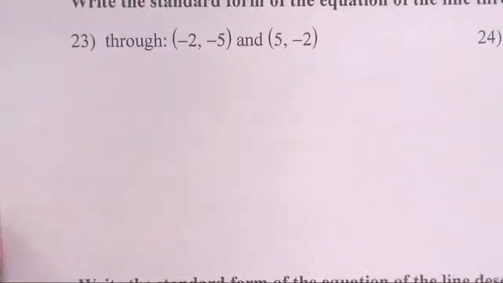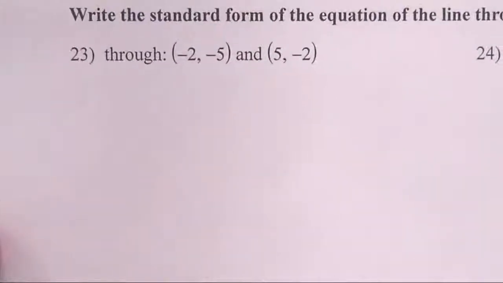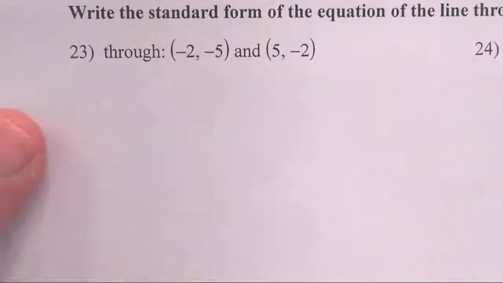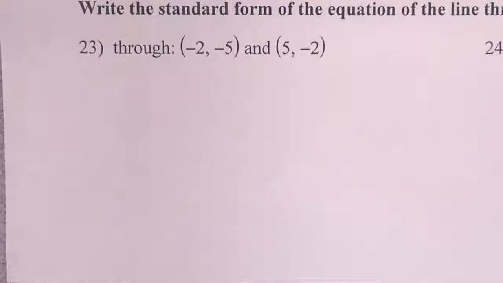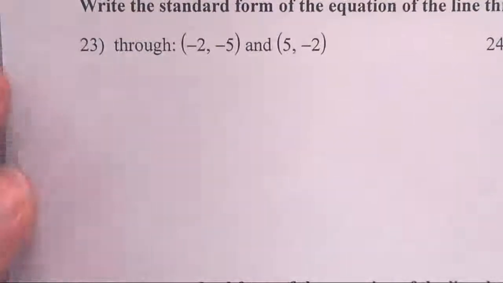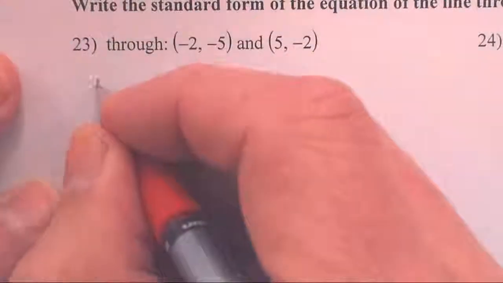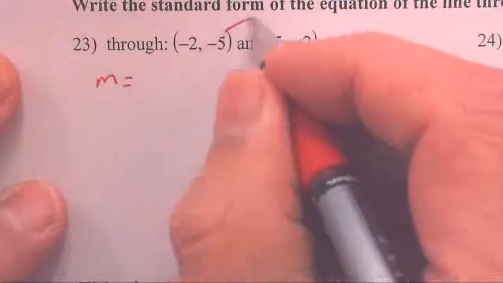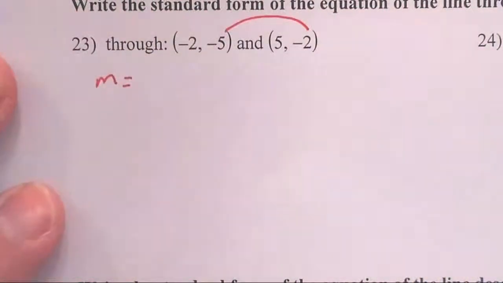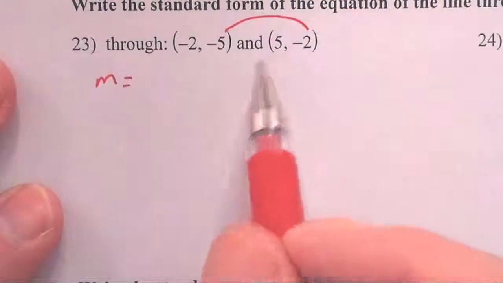Okay, and maybe the most involved of these problems would be when we need to go to standard form of an equation and we're just given 2 points. Well, I always want a slope, so I'm going to find slope first. Slope equals, I always like using these arcs, and the students who use these arcs typically get these right.